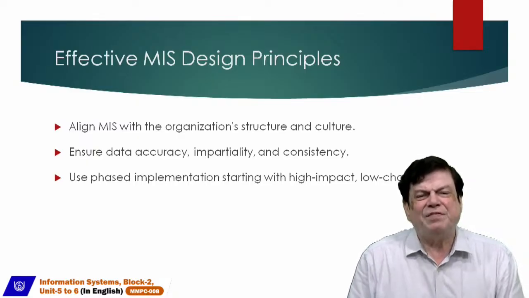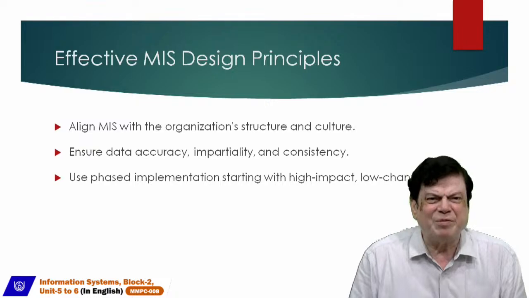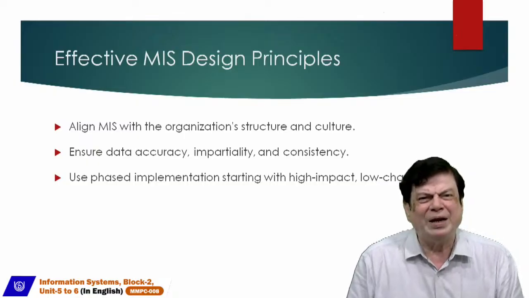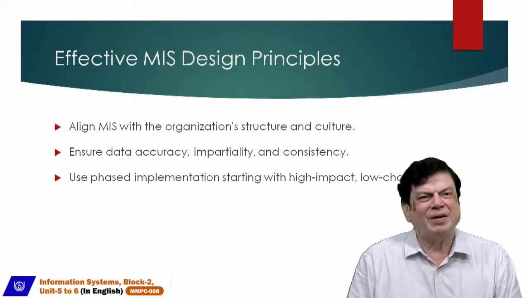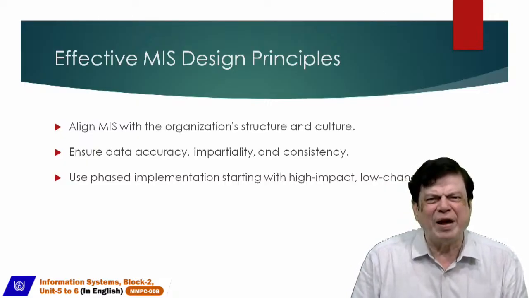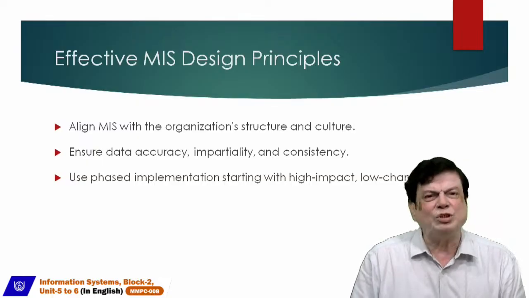So effective management information system design principles are: align MIS with the organization structure and culture. Don't go beyond that. Ensure data accuracy, impartiality and consistency. Use phased implementation, starting with high impact or low change areas.